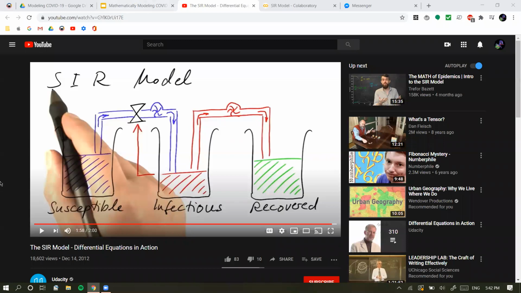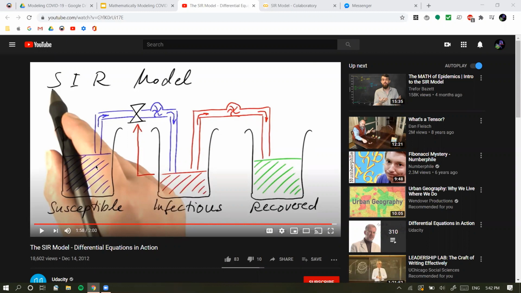So he said pretty much what I just said, that there are three compartments in the population. There's like three piles of people, and from susceptible to infectious, there's a rate of change of people that become infected from the susceptible population.